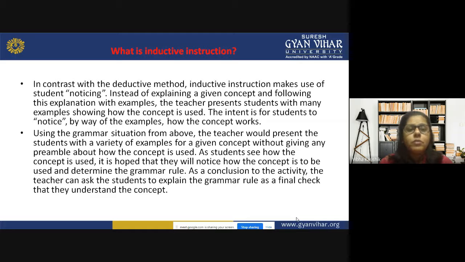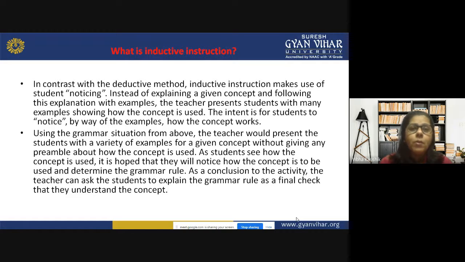In contrast with the deductive method, inductive instruction makes use of student noticing instead of explaining a given concept.